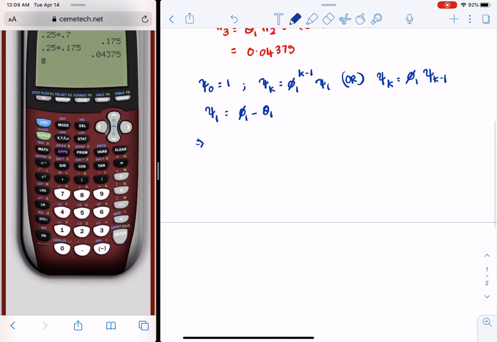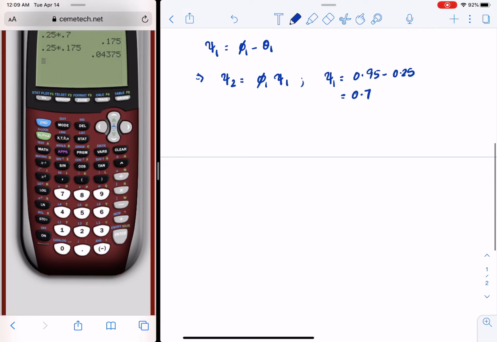So this would imply psi 2 is equal to phi 1 times psi 1, and psi 1 is simply 0.95 minus 0.25, which would equal 0.7. So psi 2 would equal 0.95 times 0.7, and that would be 0.665.